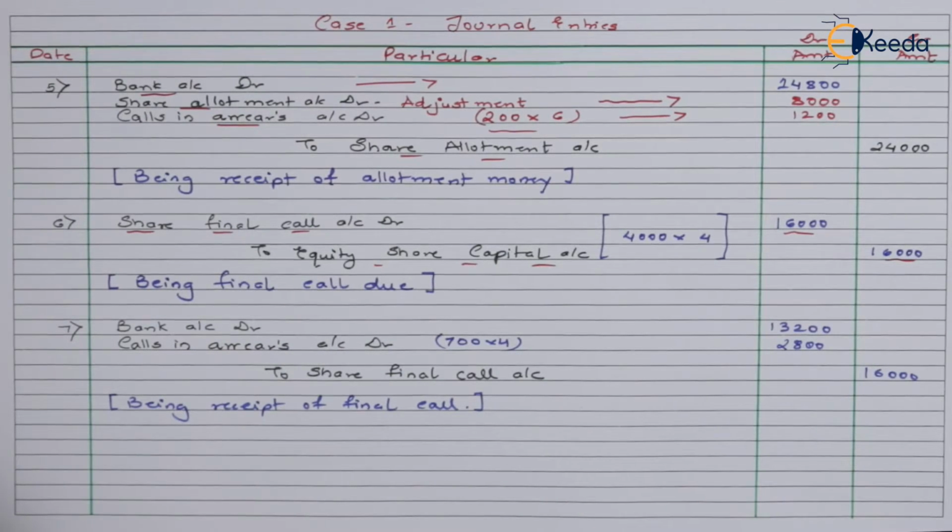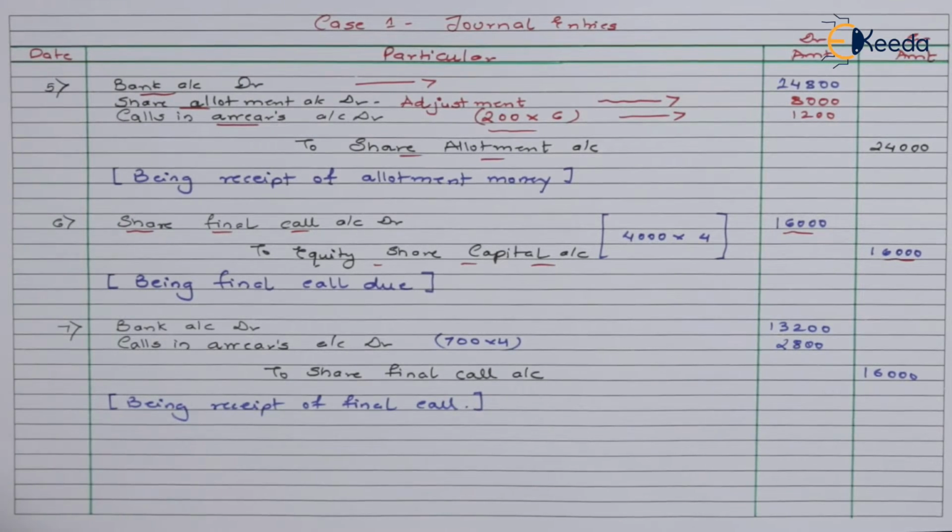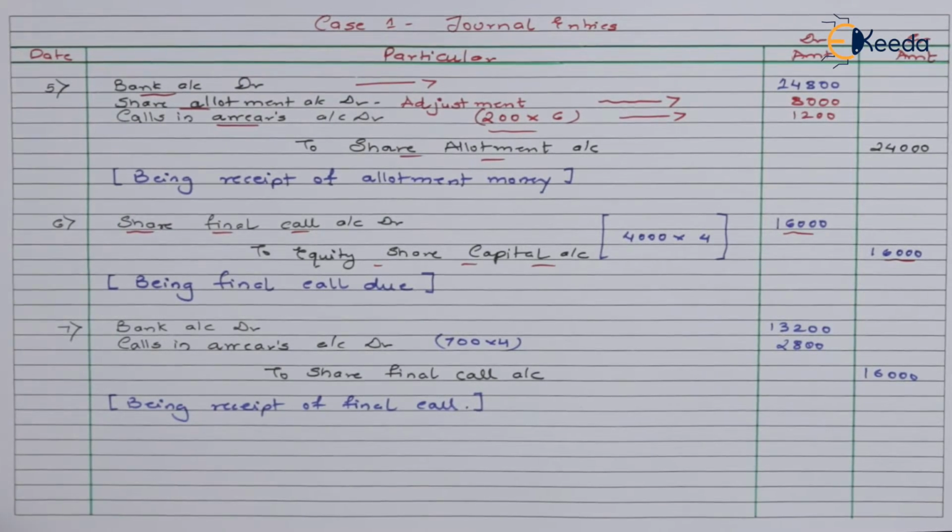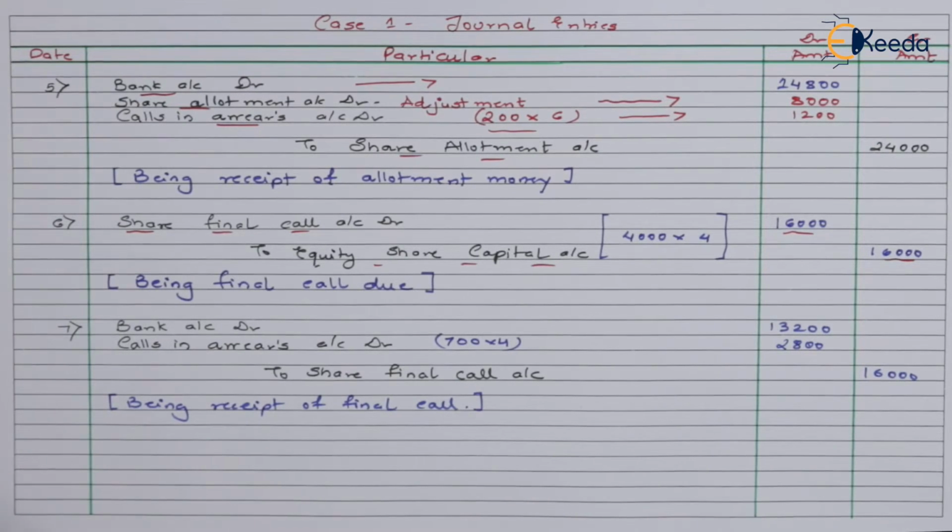Now again, when it comes to receipt of final call, there are certain calls in arrears. Mr. A and Mr. B, who had 200 and 500 shares, a total of 700 shares, have not paid the final call money. Final call money refers to 4 rupees per share. So 700 multiplied by 4 will be 2,800 that we haven't received. So out of 16,000, 2,800 we haven't received.